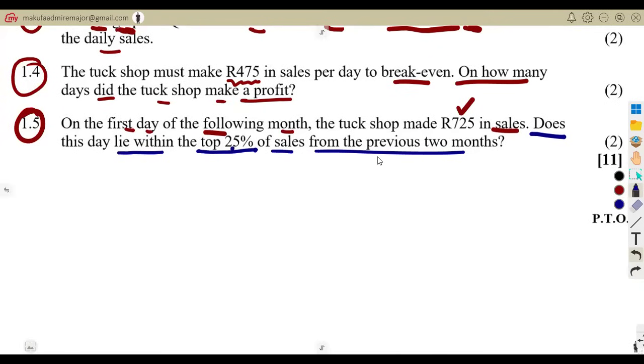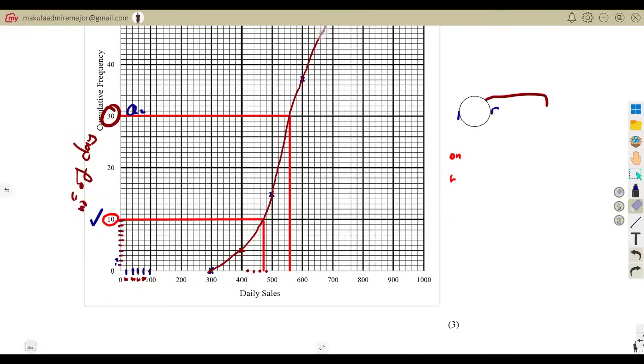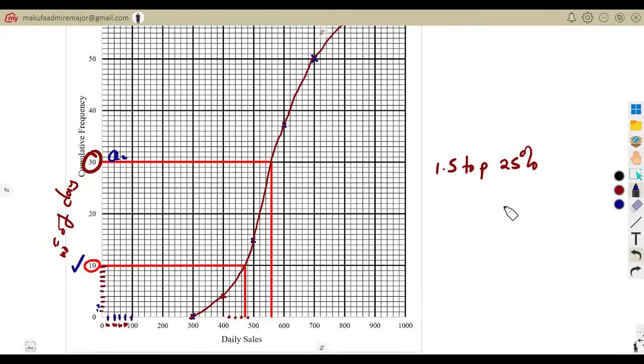What does it mean when we talk of the top 25%? According to our percentiles, it simply means the 75%, the top at the end. Remember, the percentage at 100.